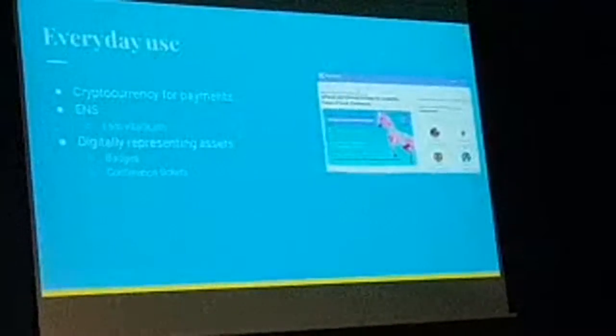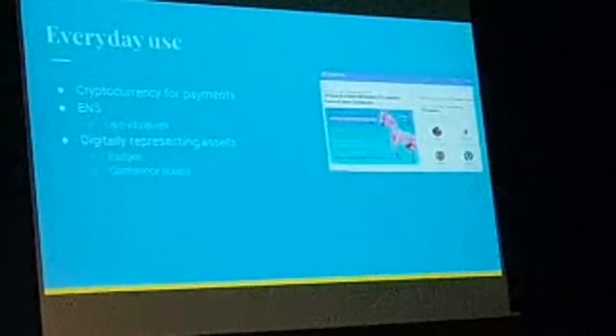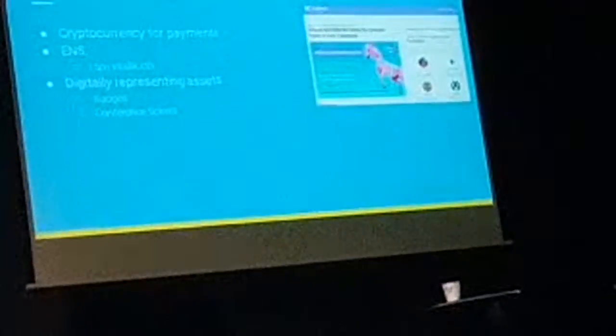Going back to simpler things, right? So actually using it, we can talk about these ideas that are really nice in theory, but we can also talk about how we use Ethereum today. So who here has used the Ethereum blockchain in the last month? Okay, that's more people than have heard of the DAO.